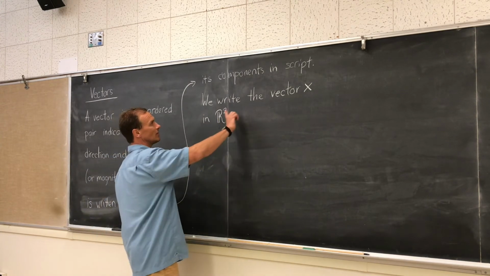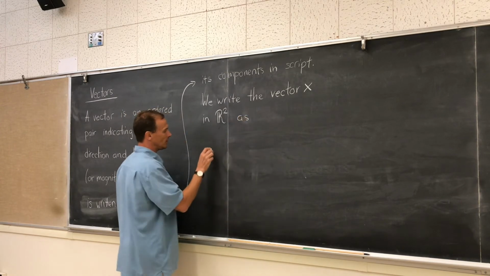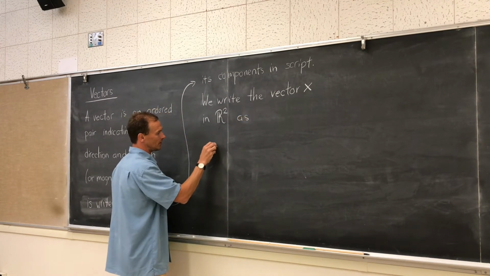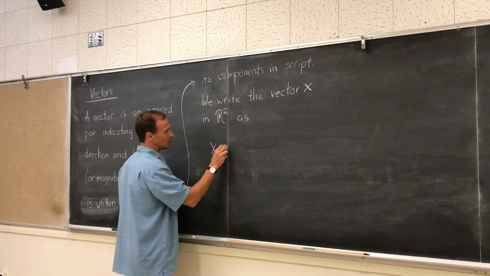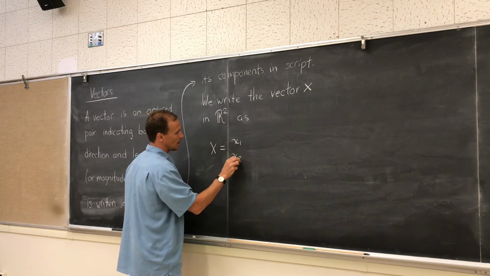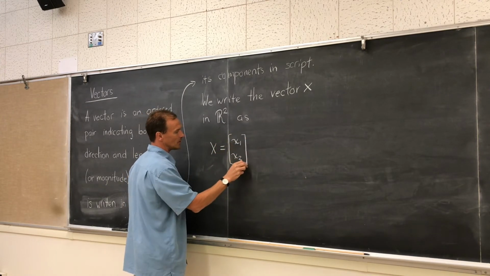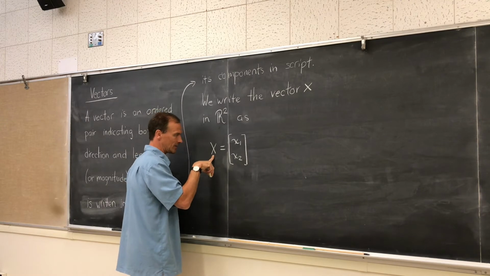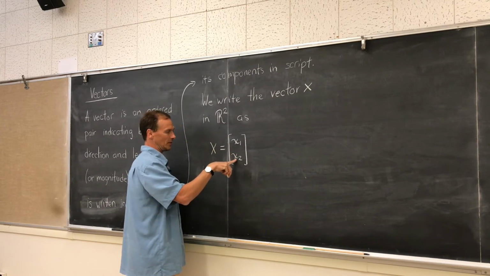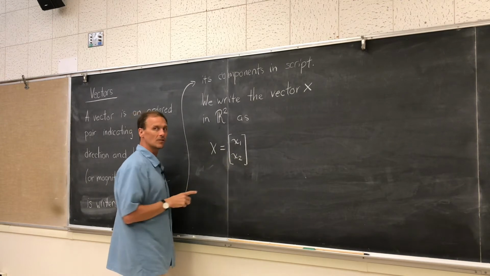So we write the vector x in R2 as, we write block x equals, and we have a script x1, x2. So that way we know that for the vector x, we're going to use components in x. If this was the vector v, we would use script v's and so on.